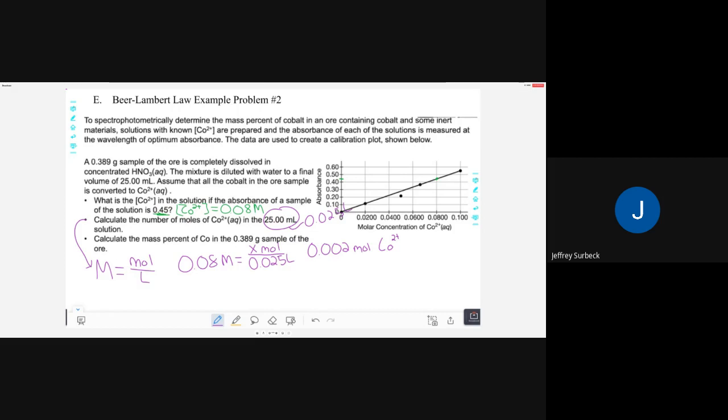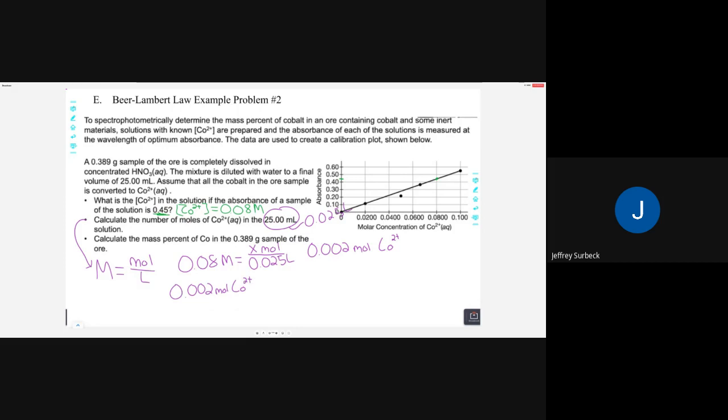What is the percentage? So what we need to do is this. I'm going to start out with my 0.002 moles of cobalt 2 plus, and I'm going to convert it to grams.